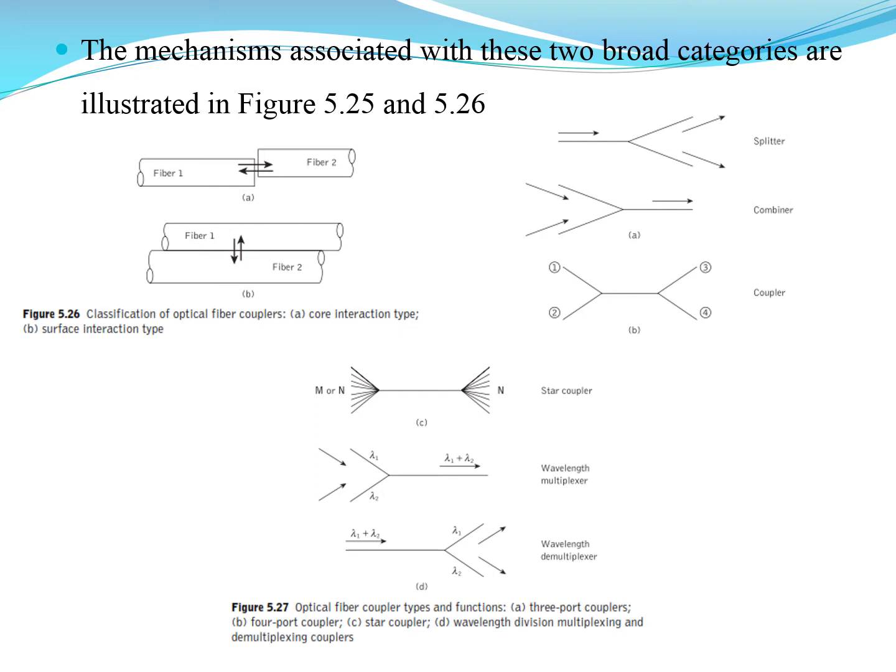Here these are the branch fibers and this is the main fiber, and again this is a branch fiber. Here the light is combined, and here the light is distributed or split. And we have the wavelength multiplexer and demultiplexer, in which the light of different wavelengths is combined and the light of different wavelengths is separated.